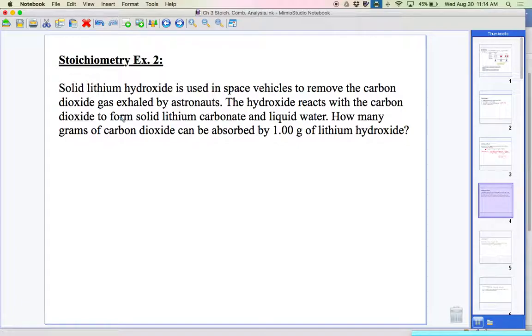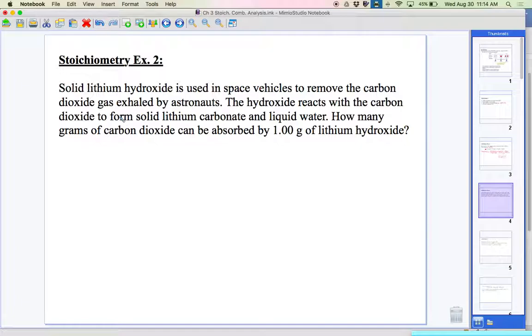Where do we get the lithium from? It's the lithium hydroxide. Balancing it is real dumb.